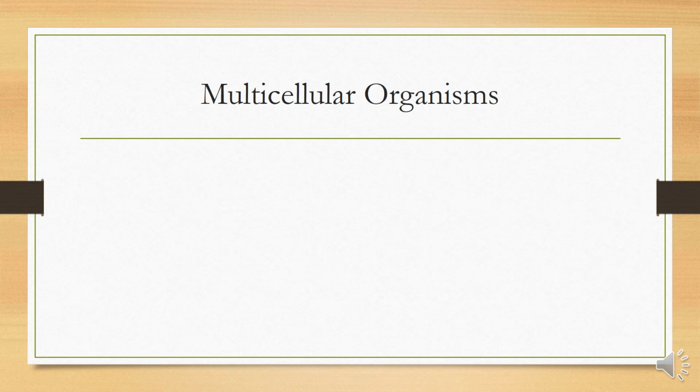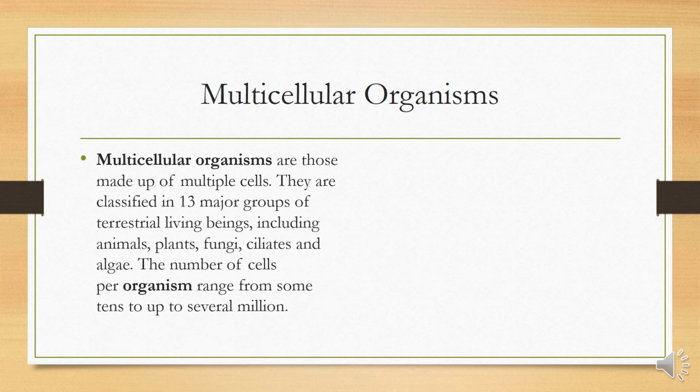Multicellular organisms are those organisms which are made up of multiple cells. They are classified in 13 major groups of terrestrial living beings, including animals, plants, fungi, ciliates, and algae.